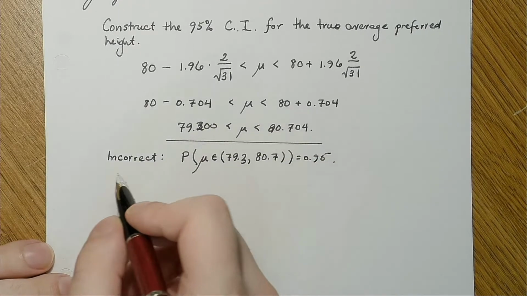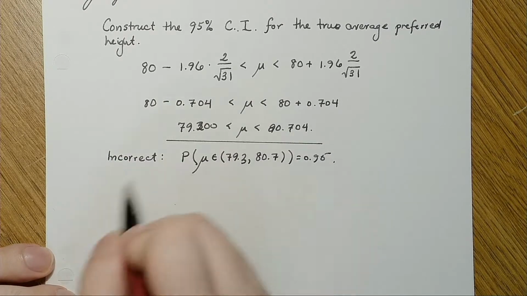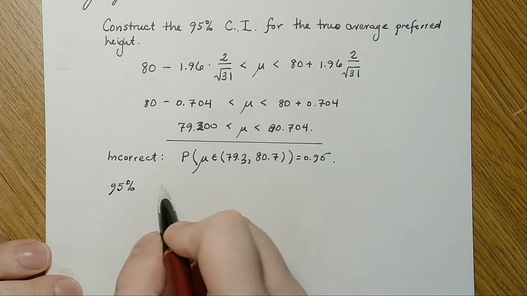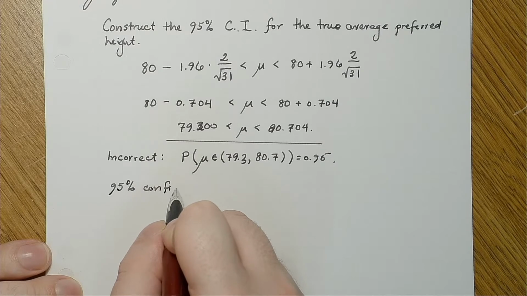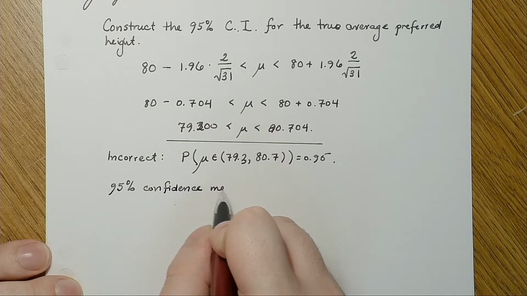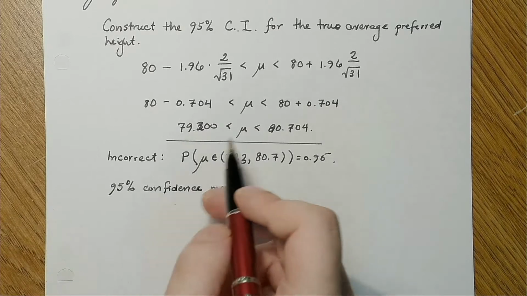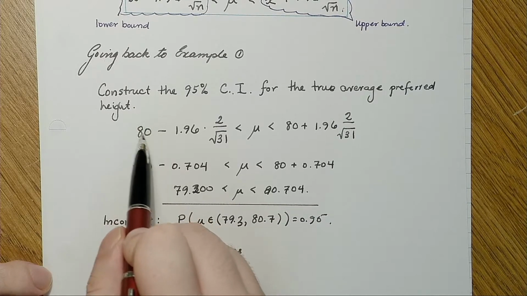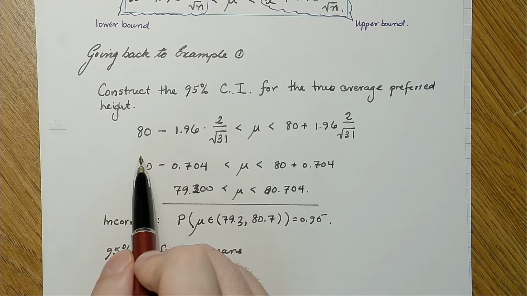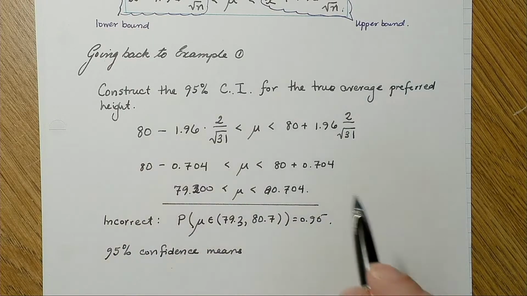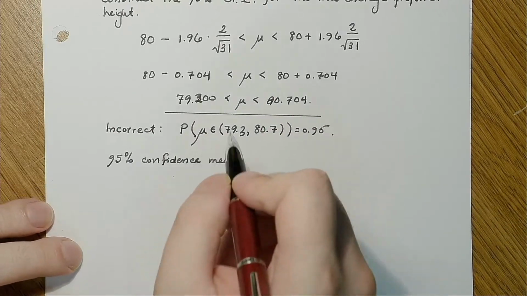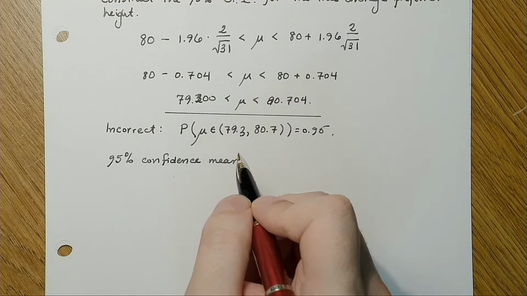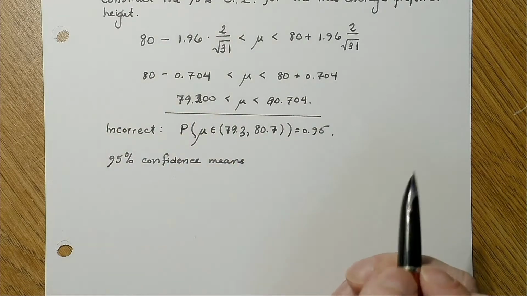We think of that 95% confidence as meaning something in the long term. Because again, this 80 was found from x bar, which is based on the sample mean. We could have different data come up, and that would change our interval.